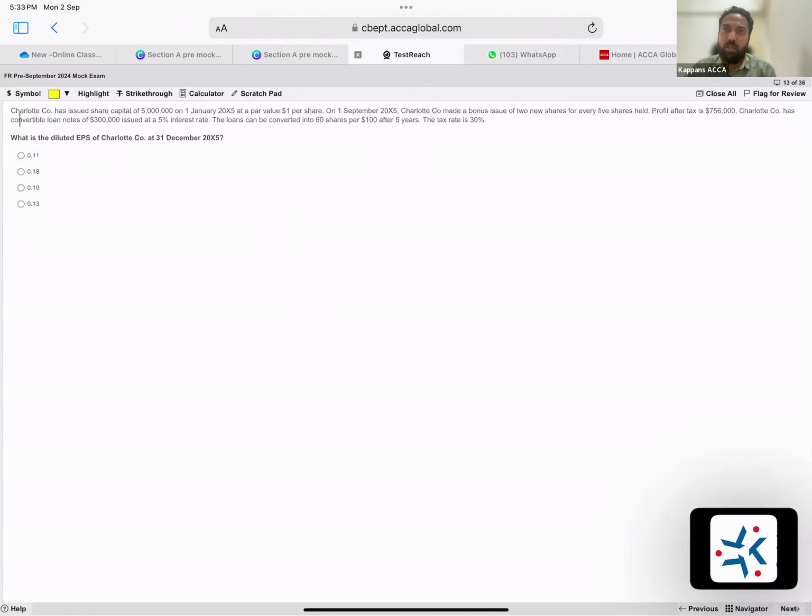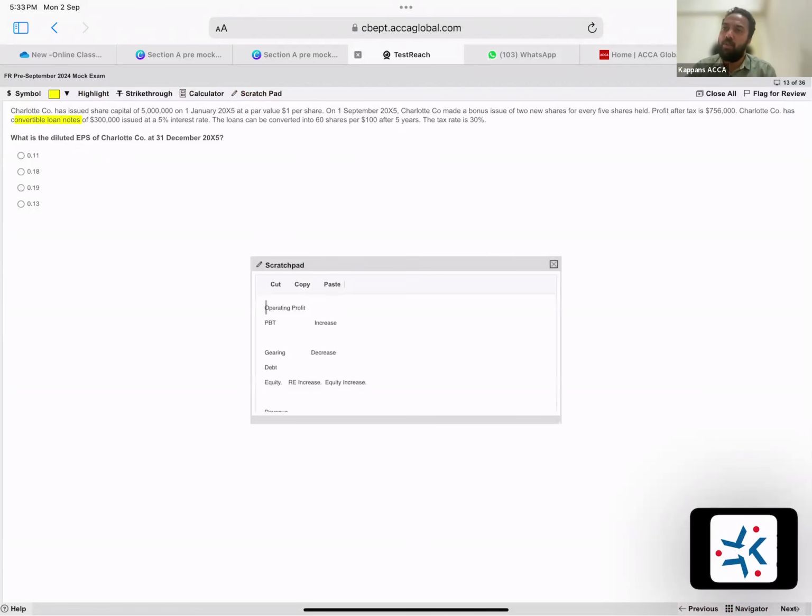So there's a convertible loan note. In case of convertible loan note, how will you calculate the diluted EPS? Diluted EPS is equal to profit after conversion divided by number of shares after conversion.